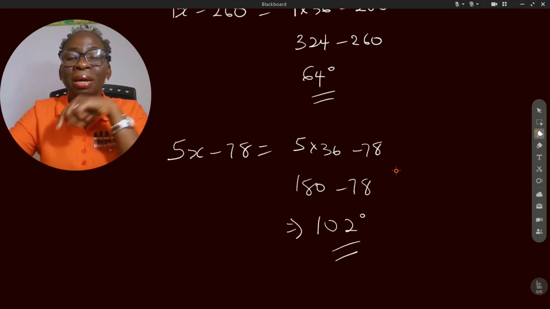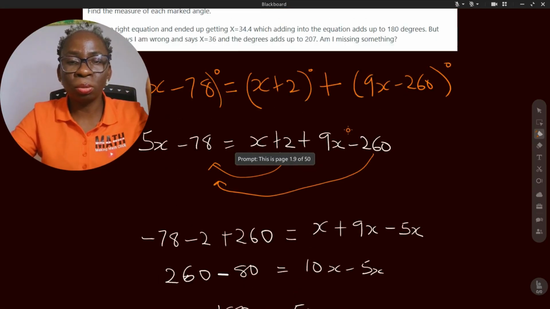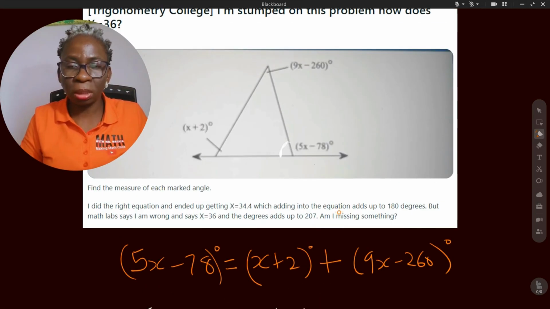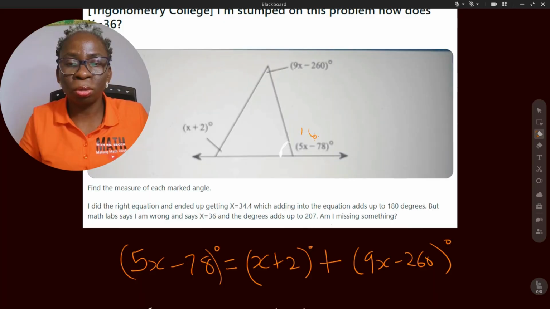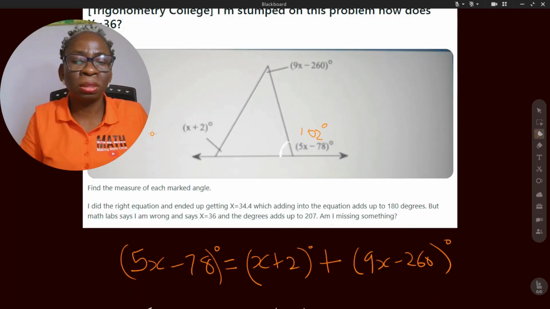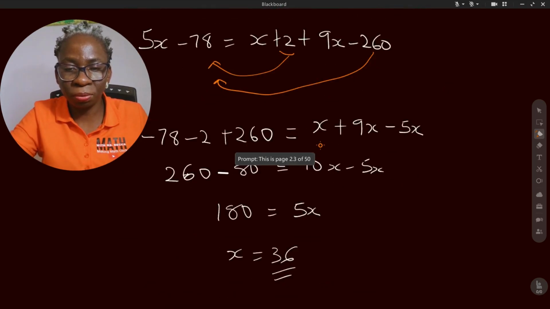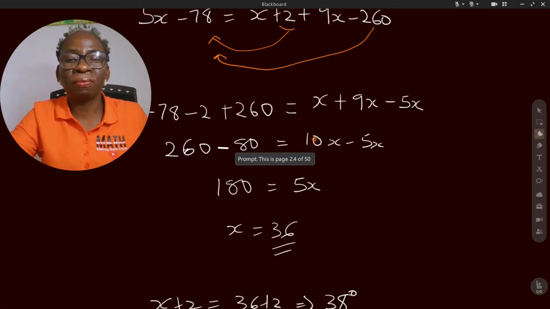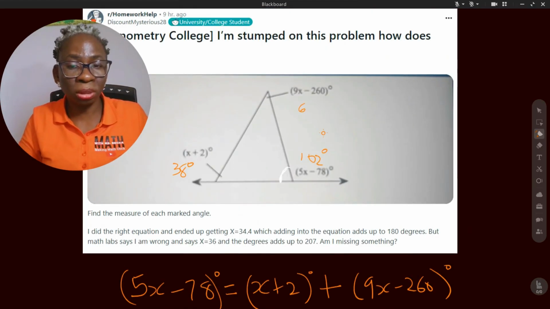So now let's write out each angle here. This one is 102 degrees. This one is 38 degrees, and this one is 64 degrees.